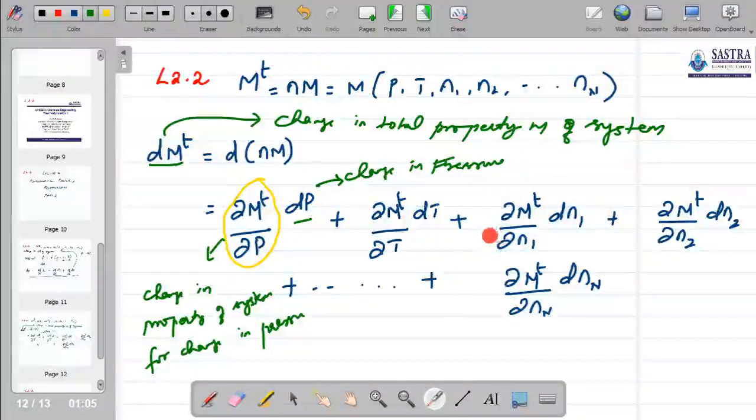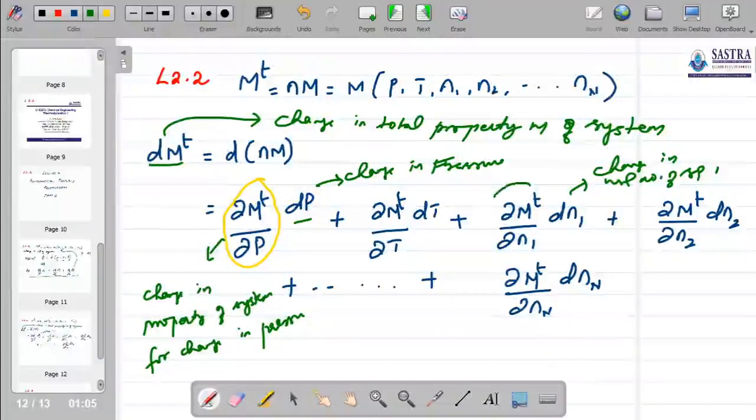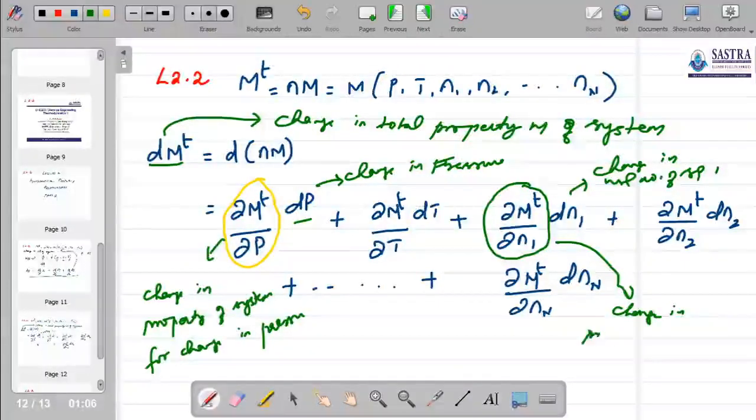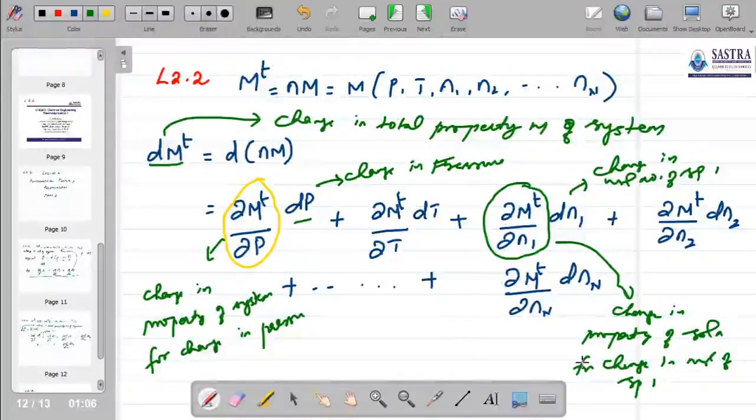Now, this term denotes the change in the total number of moles of species 1. So, this is only the change in mole numbers of species 1, whereas this partial derivative term tells what is the change in property of the solution or the system as a whole for change in moles of species 1.